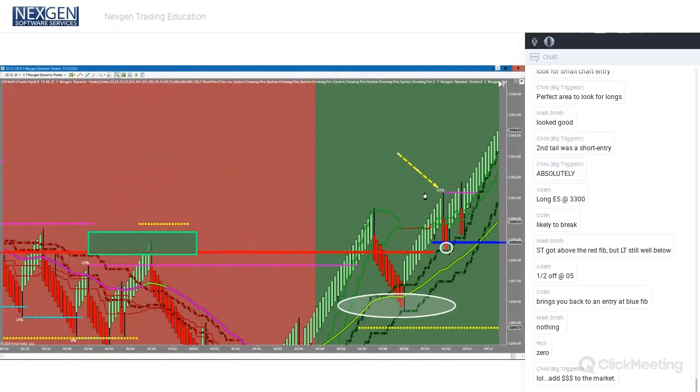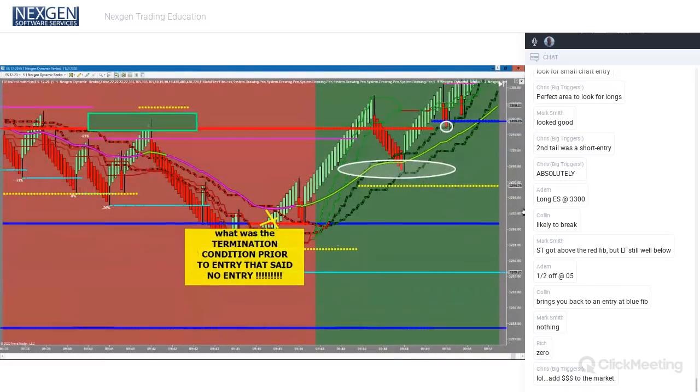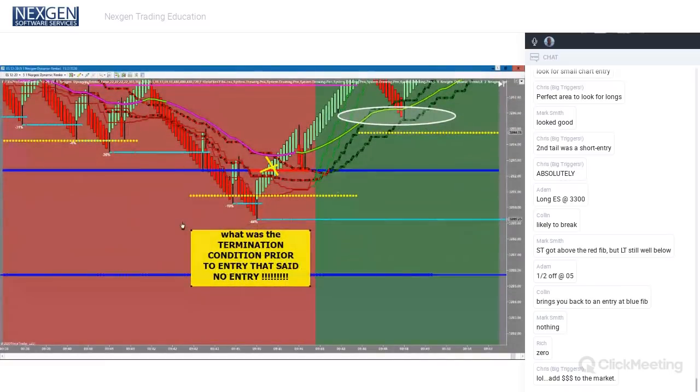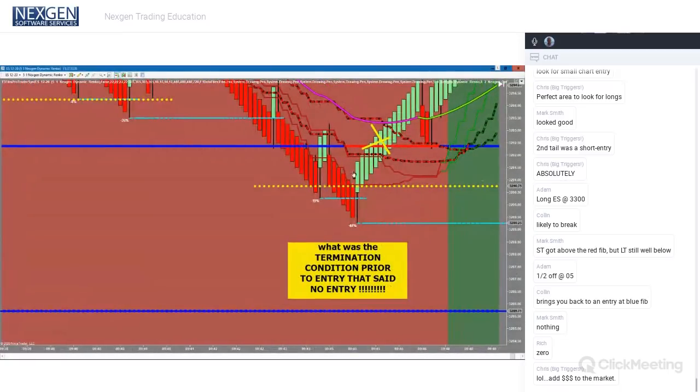So this divergence doesn't get you out, it gets you in or keeps you in. It's the opposite down here, which seems kind of silly because in a vacuum, that looks like a really good spot.